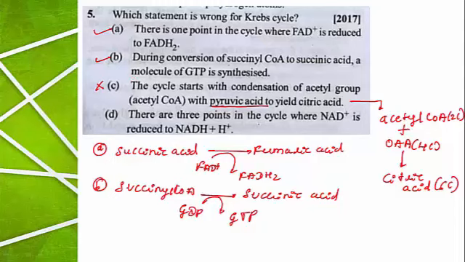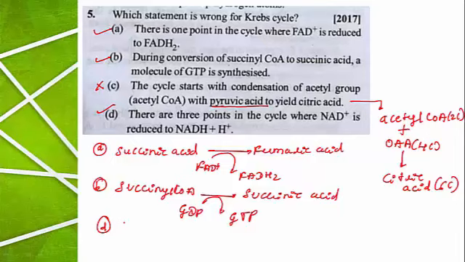There are 3 points in the cycle where NAD+ is reduced to NADH. At 3 points the NAD+ is reduced to NADH. This is also a right statement. And what are the reactions? Actually some steps are not clearly mentioned. The cycle representation is very much reduced in NCERT.